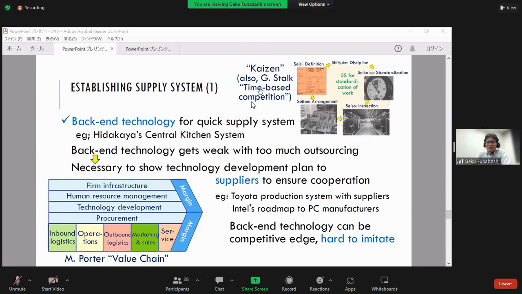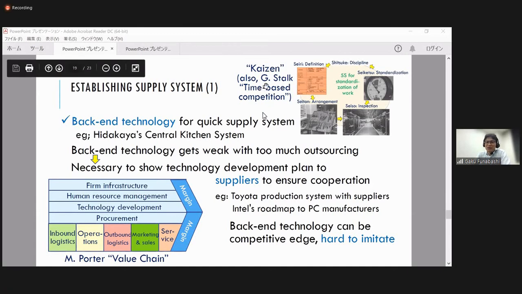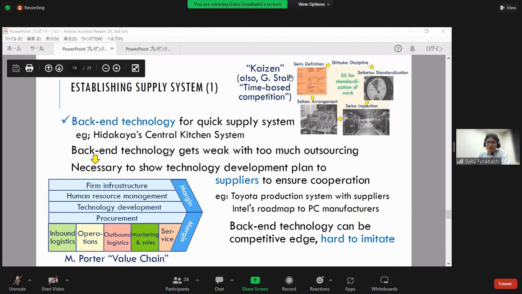When American consultants researched Kaizen activities, quality control and productivity improvement activities, their conclusion was that it's like time-based management, time-based competition. So activities to shorten the time are very useful.